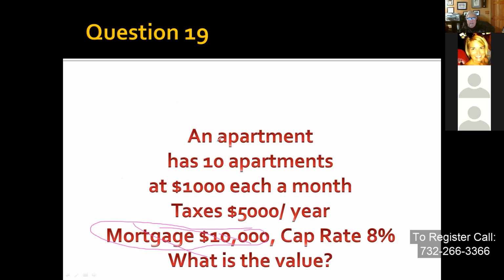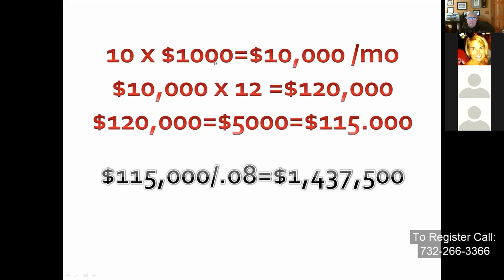The net operating income is 10 apartments times $1,000 a month, which is $10,000 a month, times 12, which is $120,000 a year, minus $5,000 for taxes, which is $115,000 NOI.